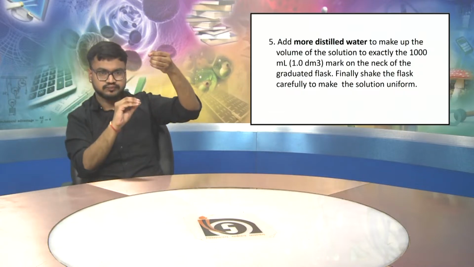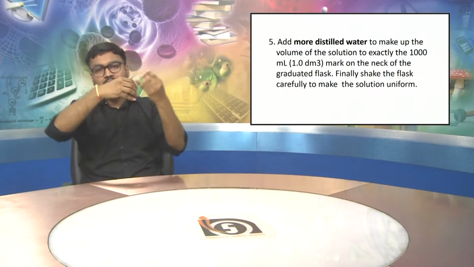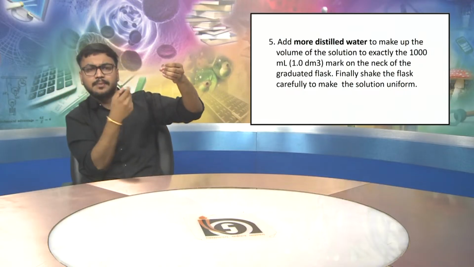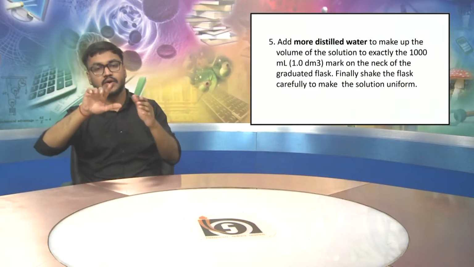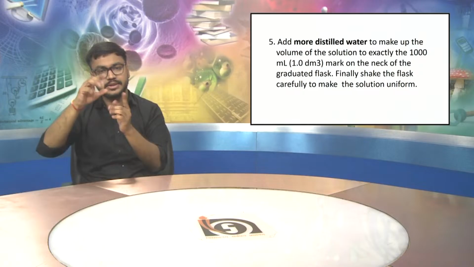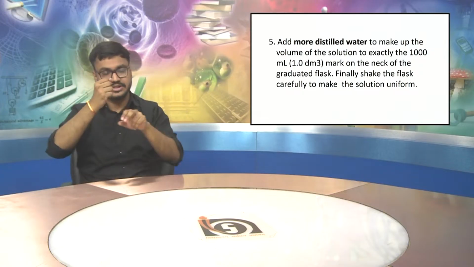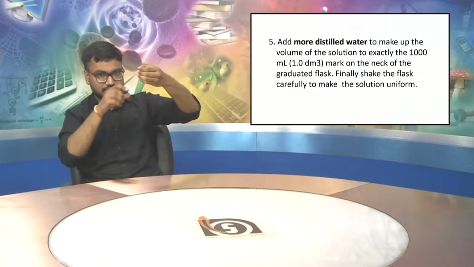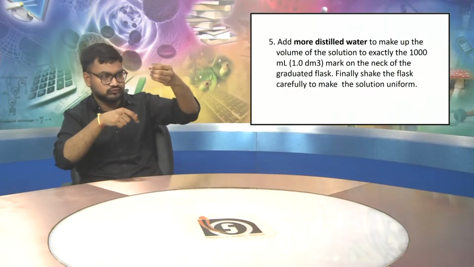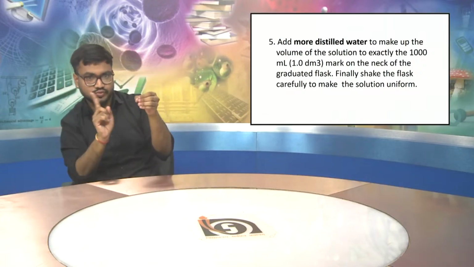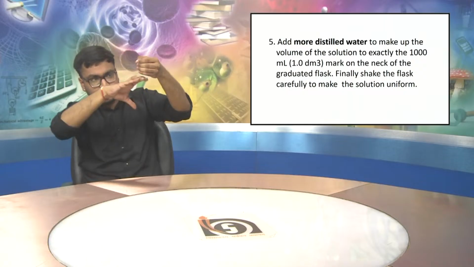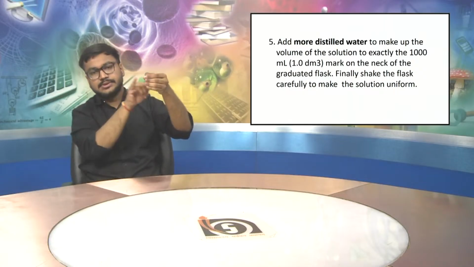After mixing, add more distilled water to make up the volume of the solution to exactly 1000 ml, and mark on the neck of the graduated flask. Finally, shake the flask carefully to make the solution uniform.